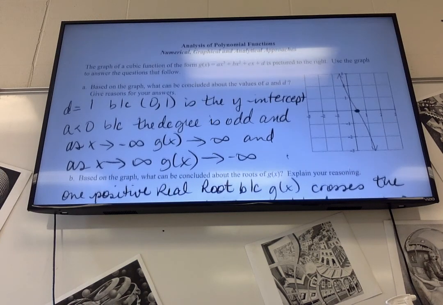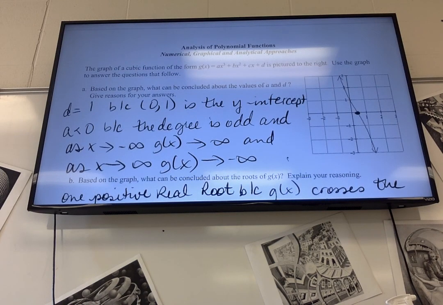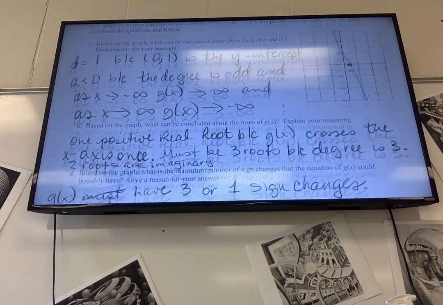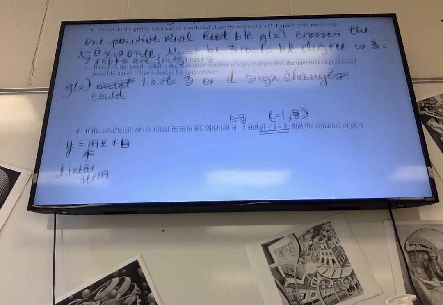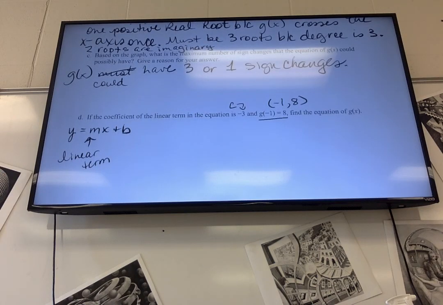So in this case, that would be C. And g of negative 1 equals 8. So that's a point. What would be that ordered pair? Yep. We're going to find the equation of g of x.